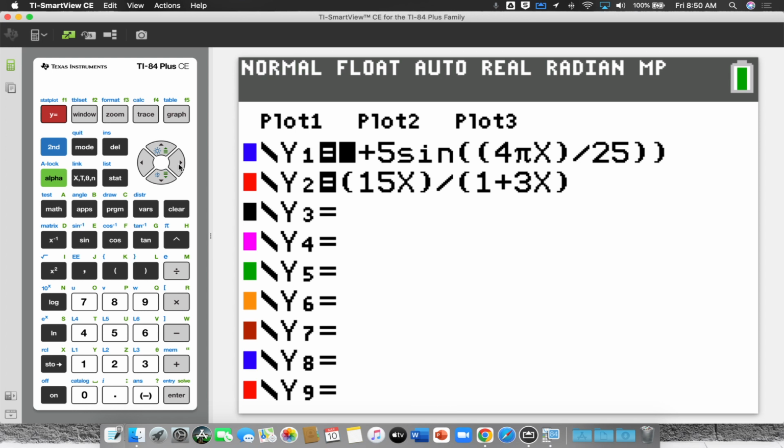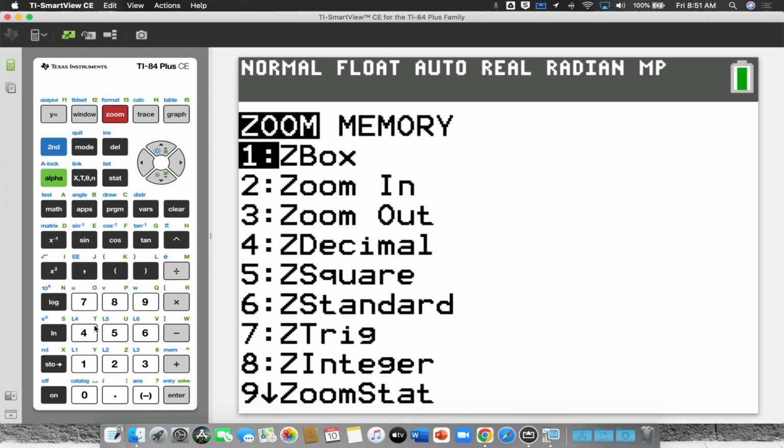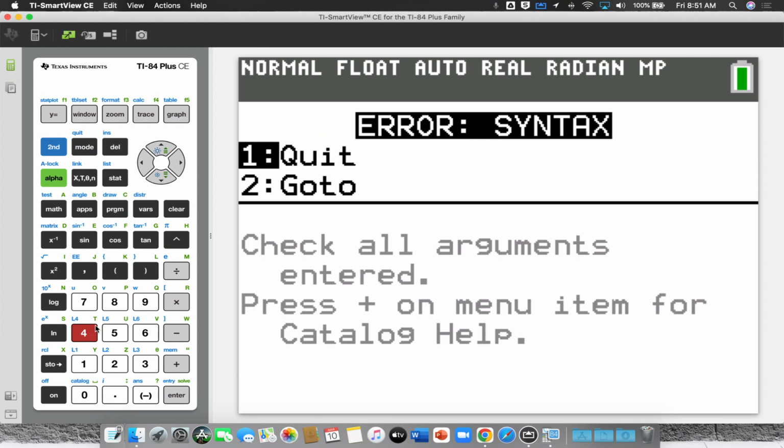x squared plus 5 sine 4 pi x, all divided by 25. Let's see. All arguments entered.